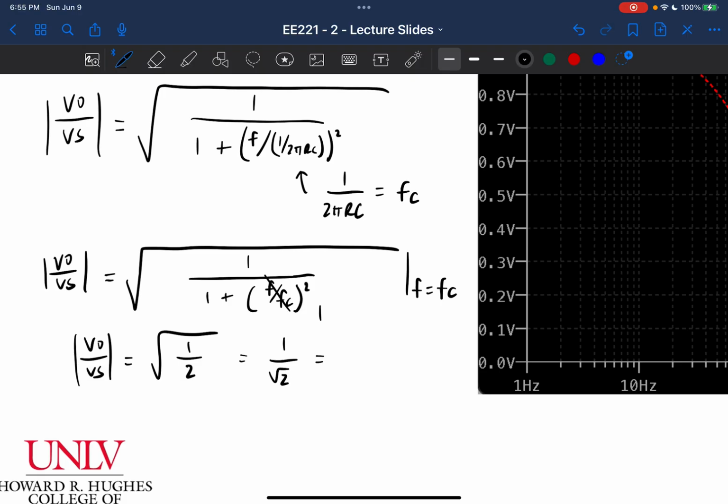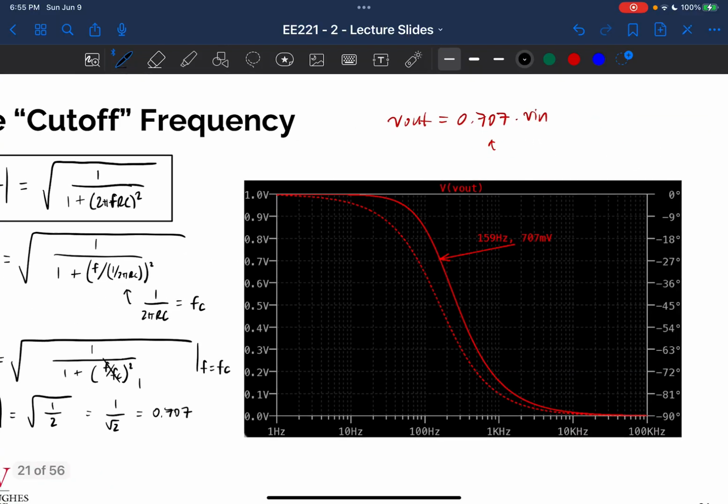I hope maybe you've guessed it by now. Let me throw it in my calculator. 1 over the square root of 2 is equal to 0.707, okay? And so the cutoff frequency is where the output is 0.707 times the input. If I were to look at Vout over Vin, that would be 0.707.